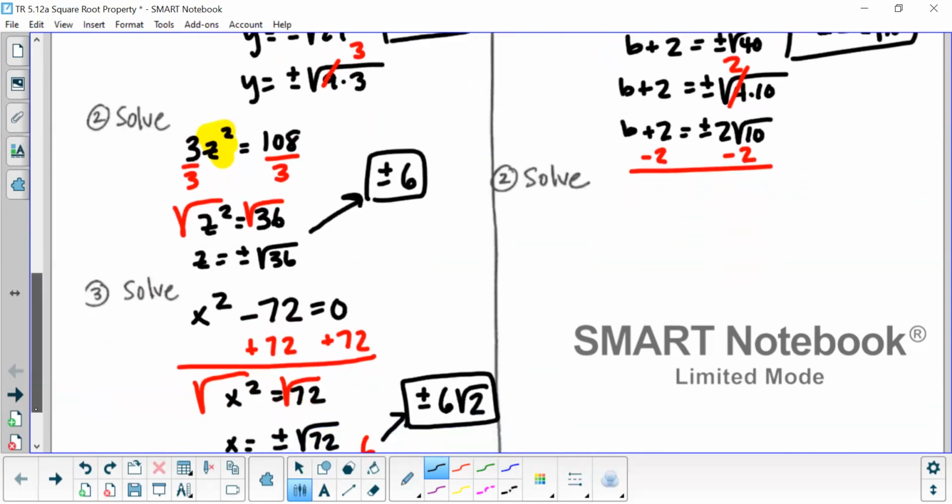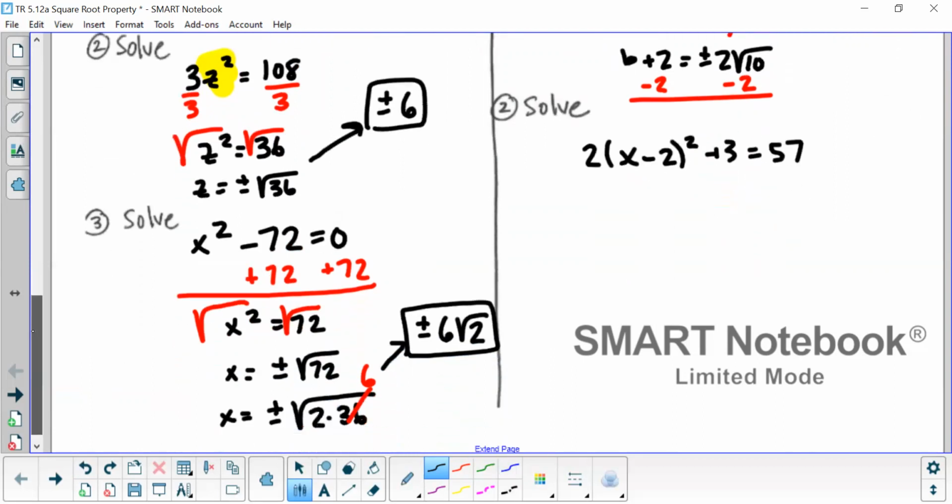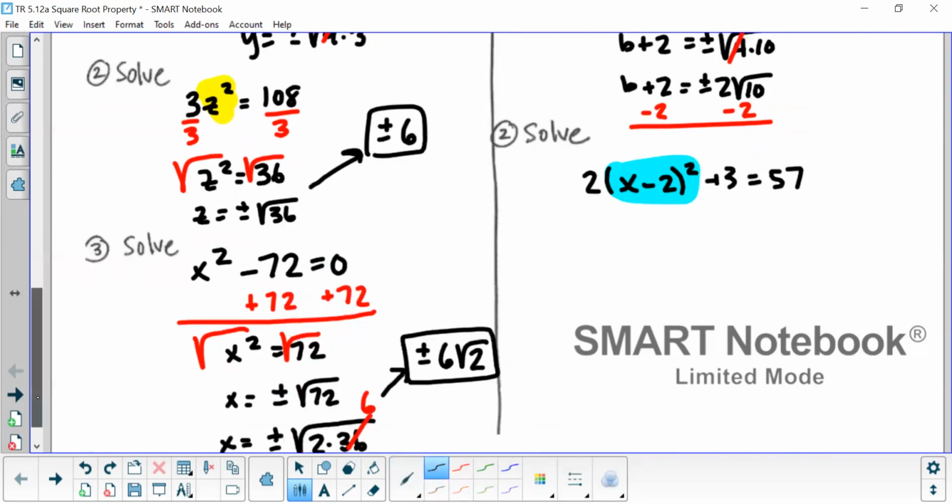And then one last example. It has a few more moving parts than the other ones. So this first step is still to isolate the radical term. That's this piece right here, this binomial. But it has a times 2 and a plus 3.